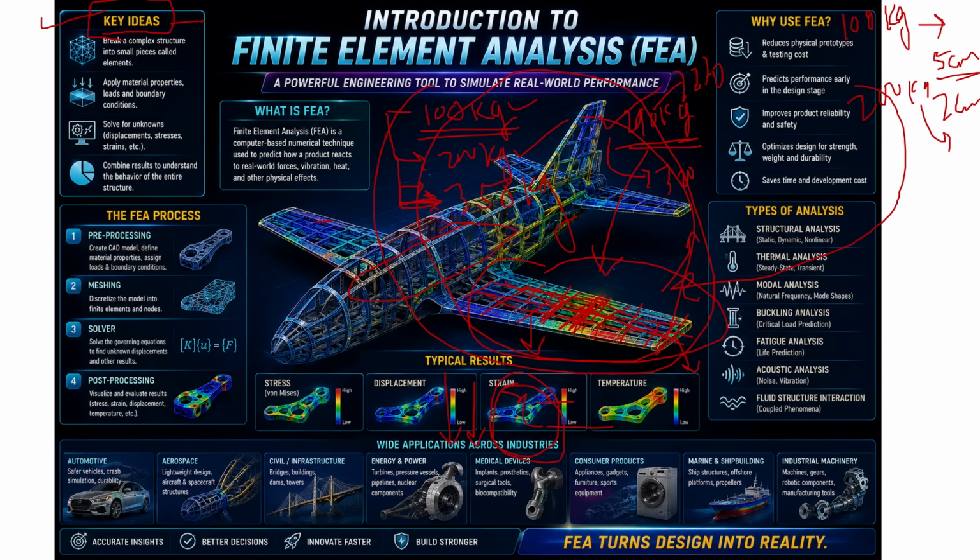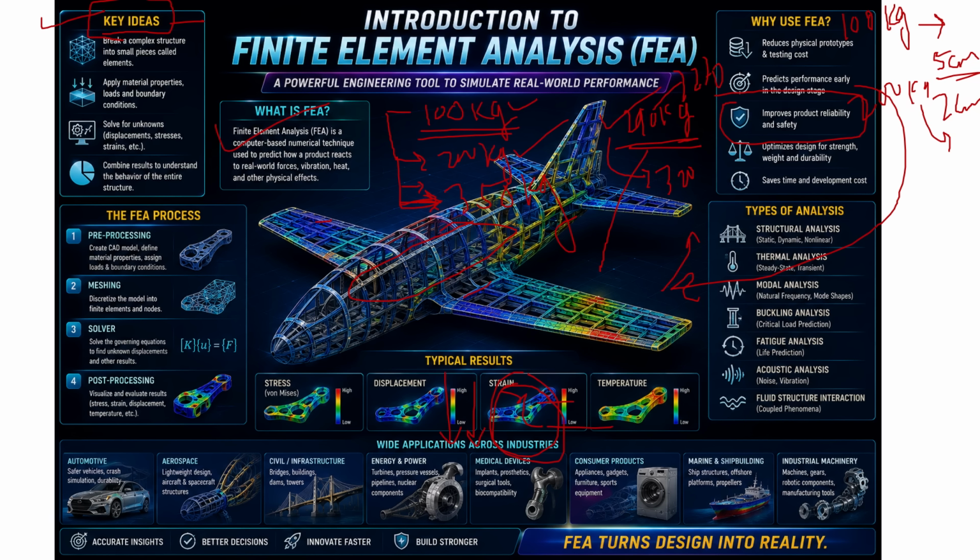All these things I come to know virtually while using FEA. So that improves my component, correct? I come to know at what regions of the structure the stress is going to be more, and at what regions the stress is going to be less.